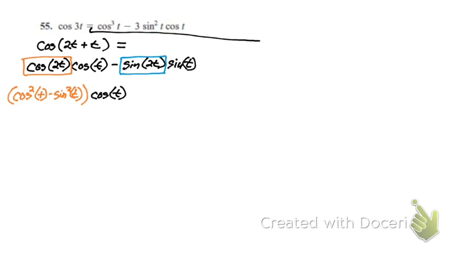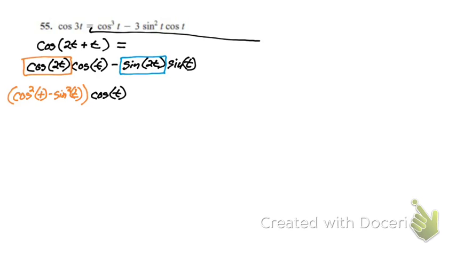Then I multiply a negative sine squared times cosine. That'll give me a negative sine squared cosine t. I have 3 of those. I have this negative sine squared cosine t. So this must be the route I'm going to go. And then we try the whole problem. If it turns out it's wrong, then maybe I go back and change that one. But now let's continue on.